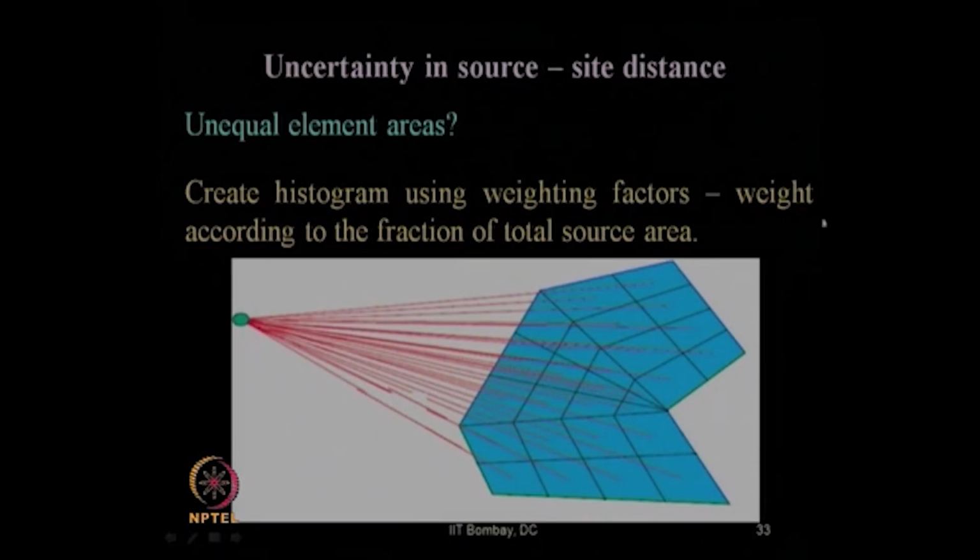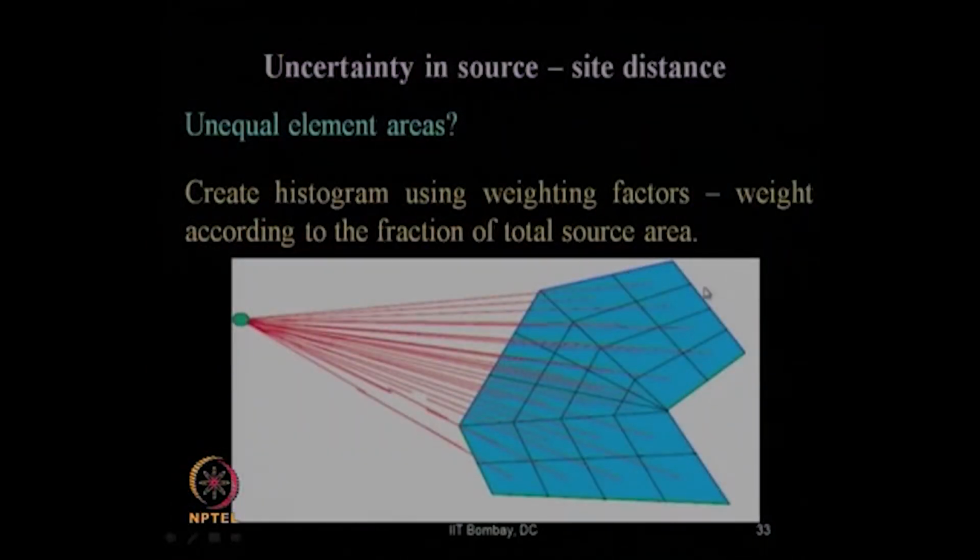So, that weight factor you should consider to be a fraction of the total area when you are plotting that histogram. So, you add that area with respect to that weightage factor when you are drawing the histogram for various distances, that is, at different distances you are getting some histogram of weightage. So, that you need to plot.